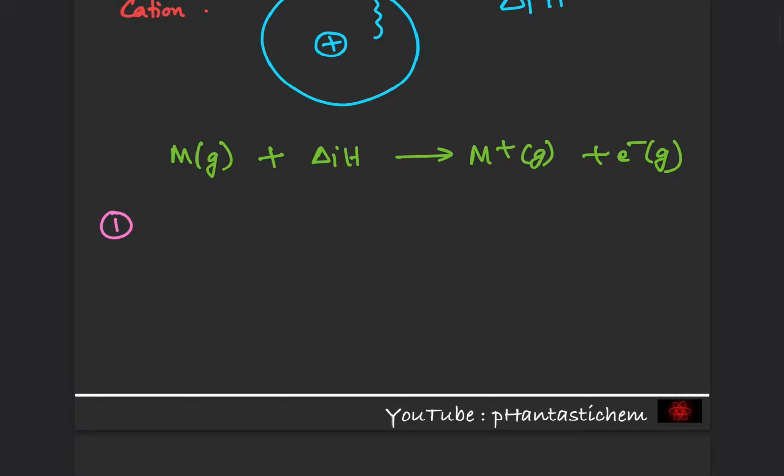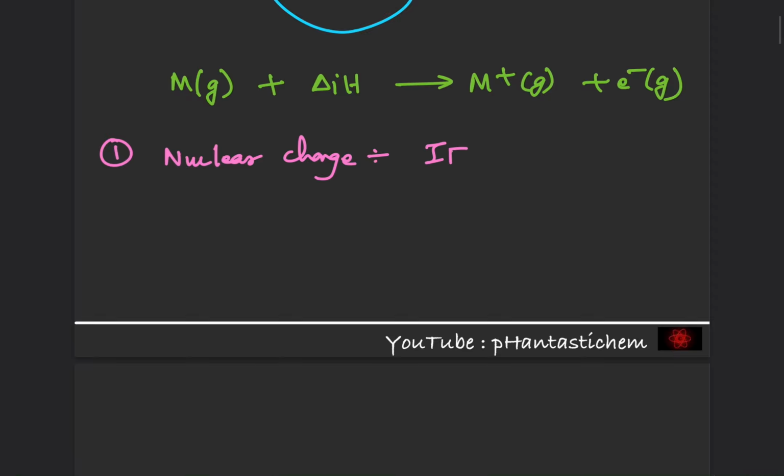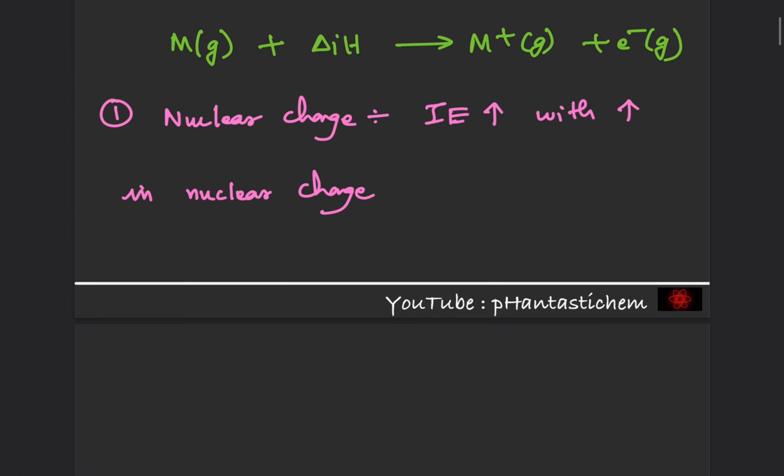Okay, there are two important factors governing ionization energy. The first one is nuclear charge. Okay, and ionization energy or enthalpy increases with increase in nuclear charge. Very important. That's because as nuclear charge increases, or you can say as the number of protons increases, electrons of outer shell are more firmly or tightly held by the nucleus, and therefore greater energy is required to pull out an electron from the atom. Very important.